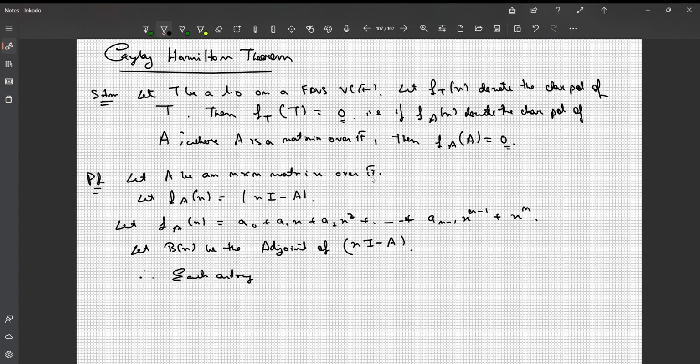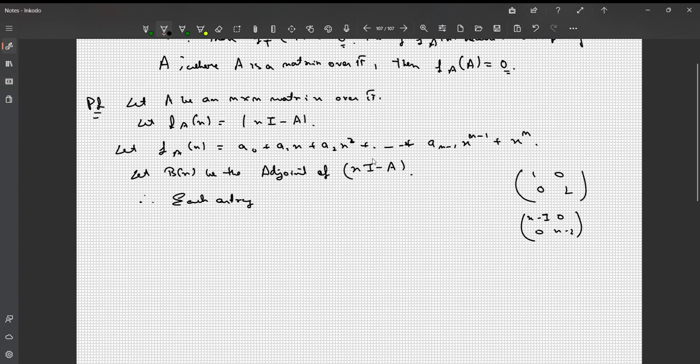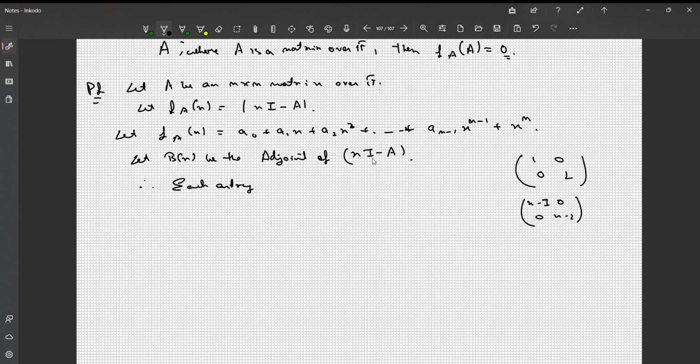Because suppose you have this matrix, for example, 1 0 0 2, then the characteristic matrix is x minus 1, 0, 0, x minus 2. Then what is the adjoint of it? Or rather, let me take a three-dimensional example that will be more clear. Let it be 1 0 0, 0 2 2, 0 3 1.